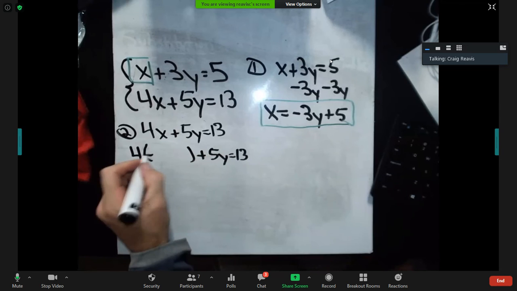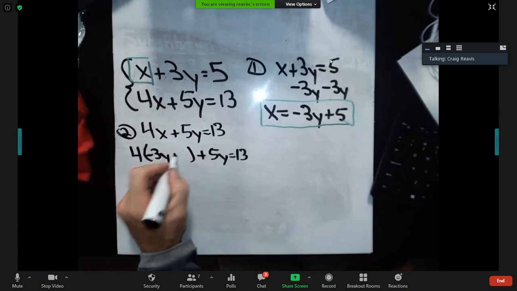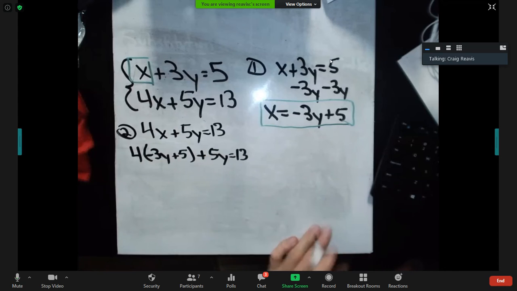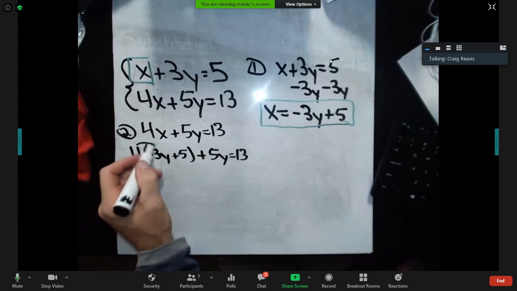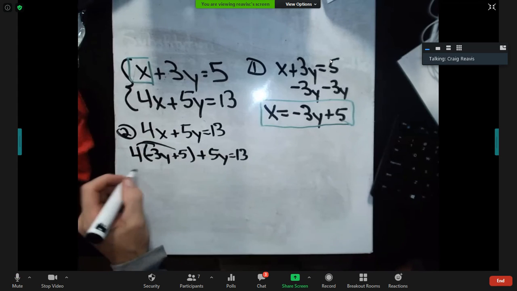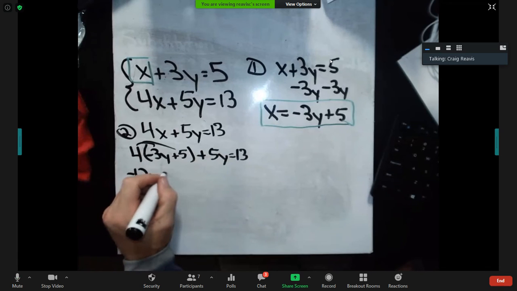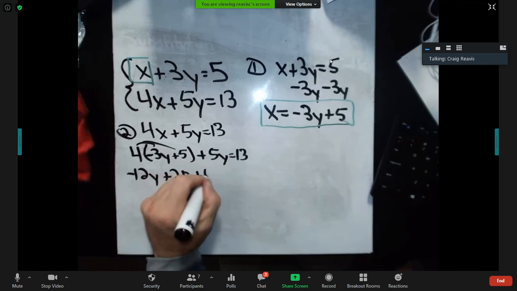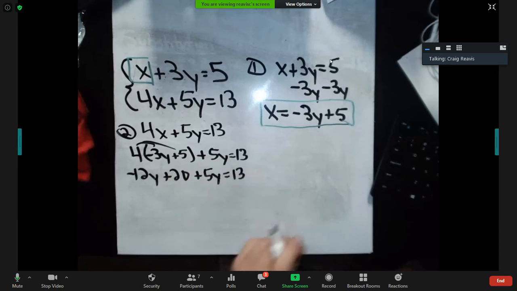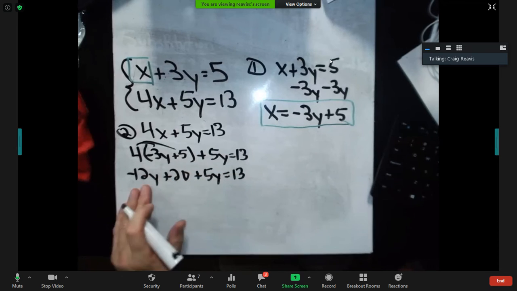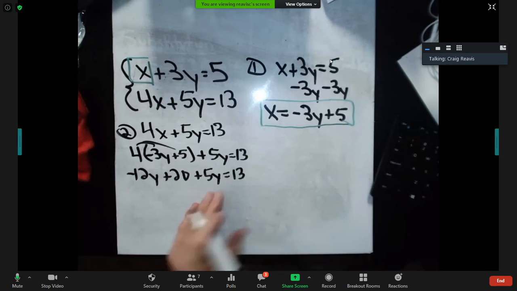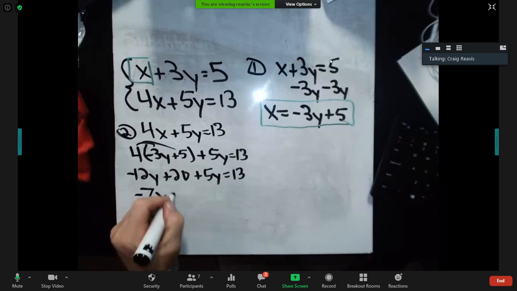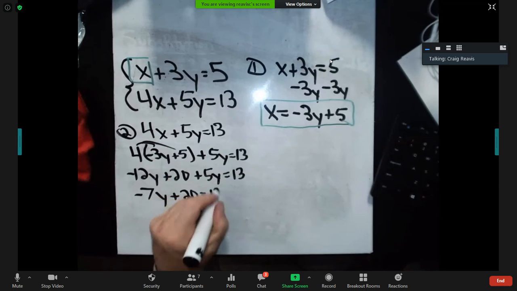And I'm going to replace it with negative 3y plus 5. Now it's basically the same thing. You distribute negative 12y plus 20 plus 5y equals 13. I combine any like terms over here, which negative 12y and 5y need to combine. So that's negative 7y plus 20 equals 13.